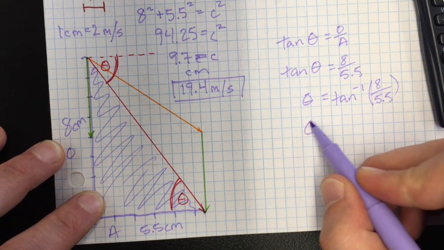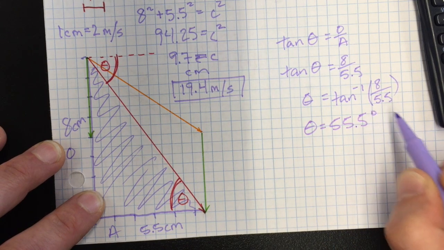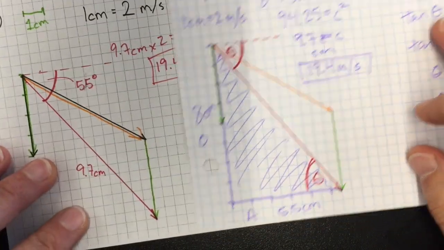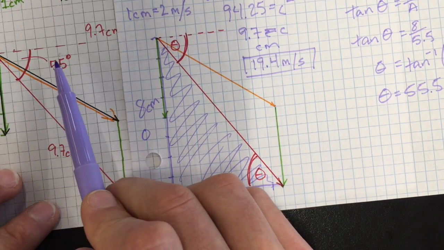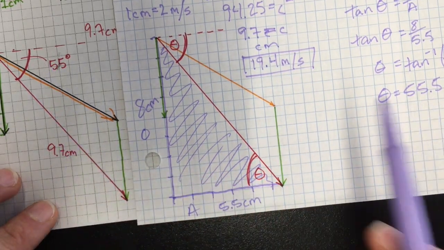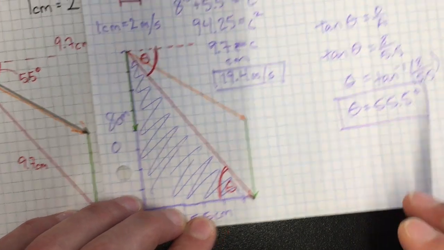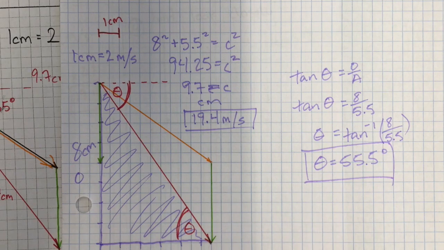So theta equals 55.5 degrees. And let's check. How does that match up to our measurement? Hey, you know what? 55.5. We measured it with a protractor as 55, and I'd say that's pretty close. So here's how we find our magnitude and angle using math.